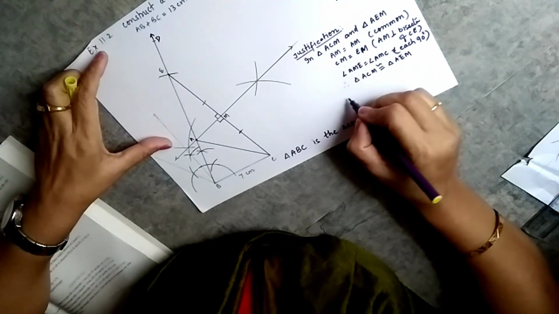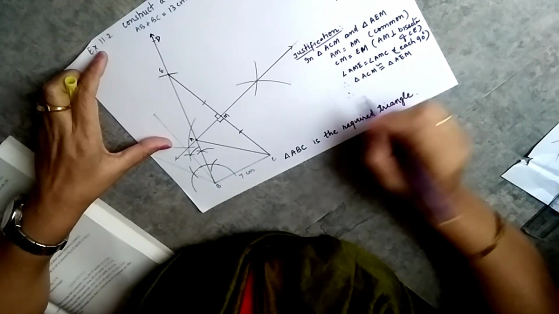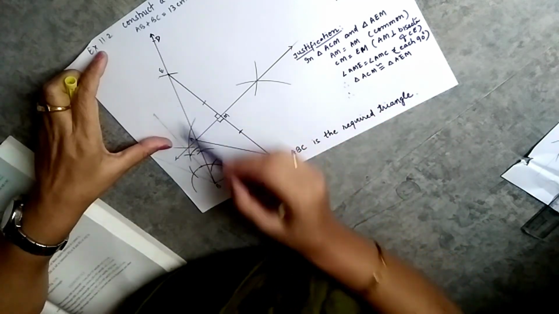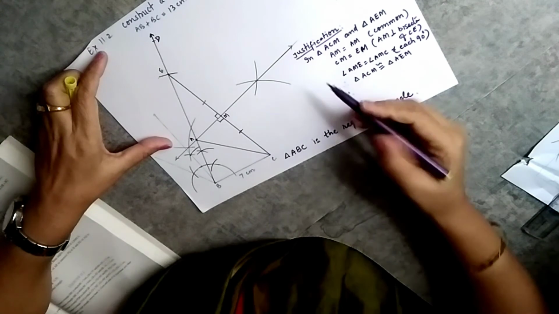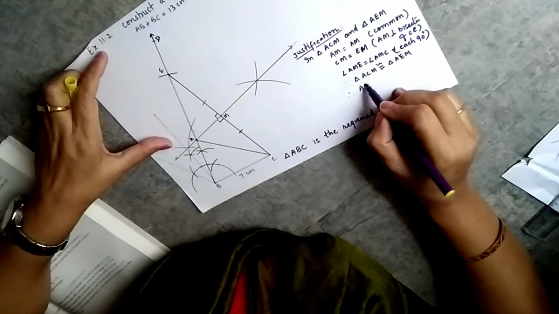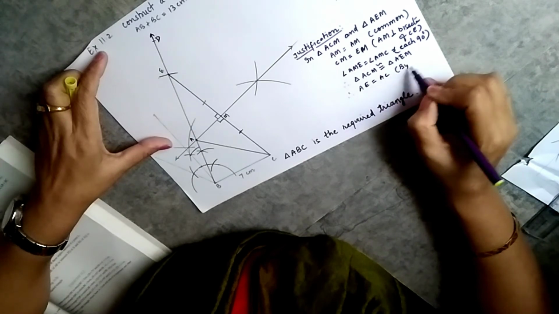Since the triangles are congruent, by corresponding parts of congruent triangle, CPCT, we can say the third side means AE is also equals to AC.